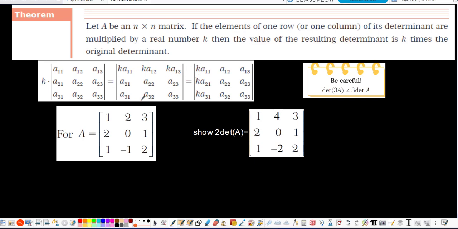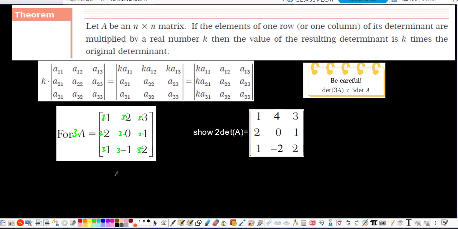If you remember, this is different than multiplying the matrix by a scalar, because if you're looking for, let's say, 3 times A, then each of the entries must be multiplied by 3. Here it should be 3 times 0, 3 times 1, and this is the 3A.